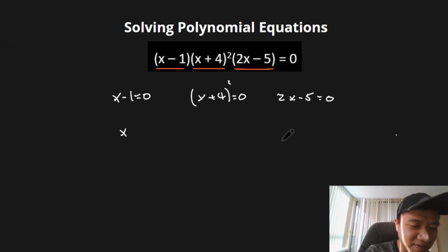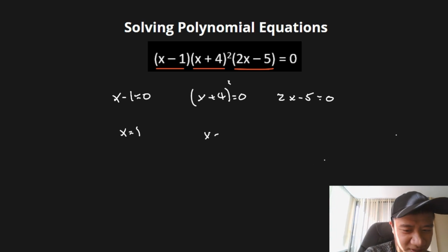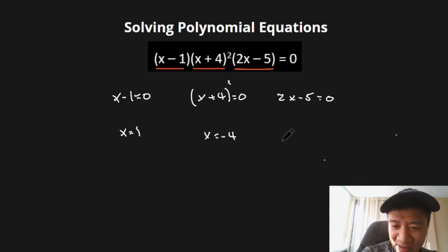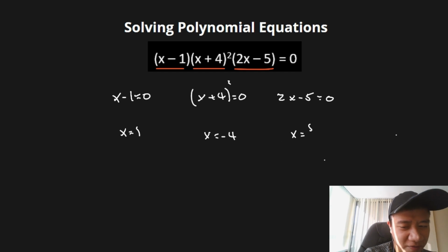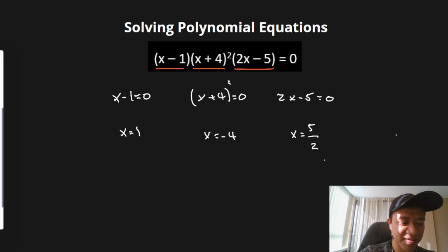If we solve each one of these individually, we have x equals 1, x equals negative 4, and x equals 5 over 2. There we go. So here are our three solutions, and we solved this equation.